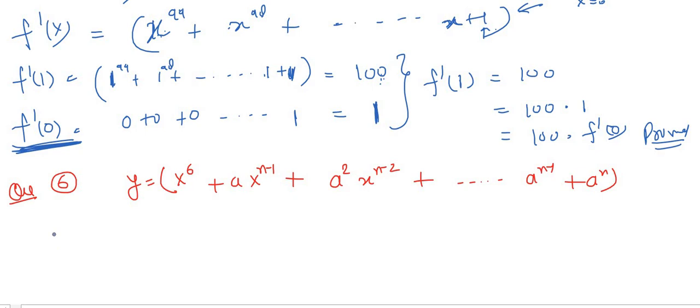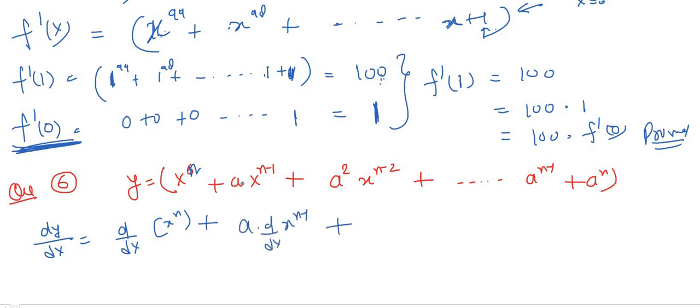So dy by dx will be d by dx of x raised to power n, plus a times d by dx of x raised to power n minus 1, plus, see a is a constant. a, b, c are usually reserved for constants. Whenever we take the derivative of any term, constants come in front. So a square will come in front, d by dx of x raised to power n minus 2, and so on.